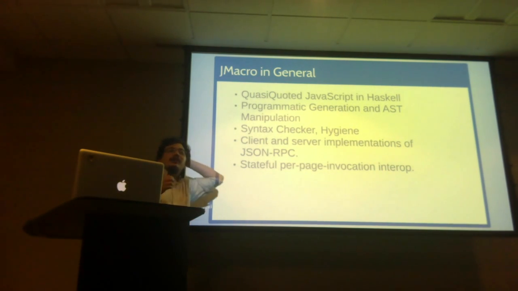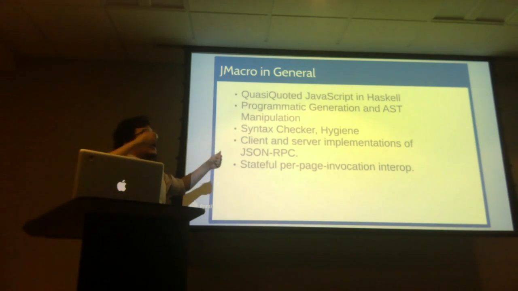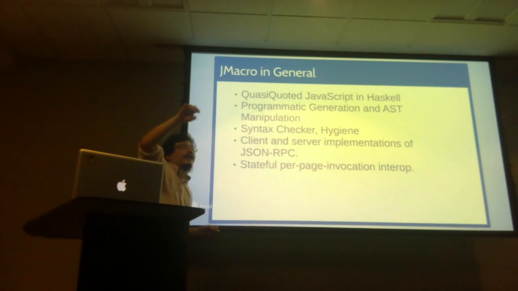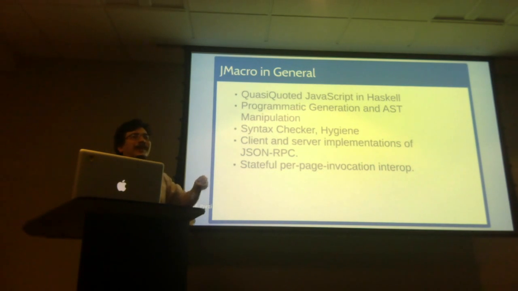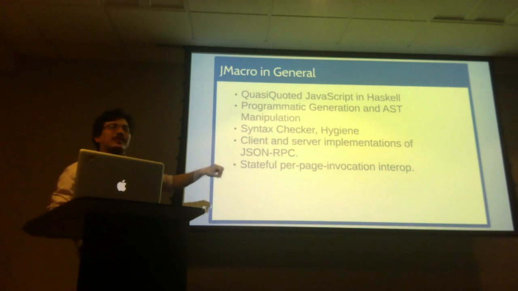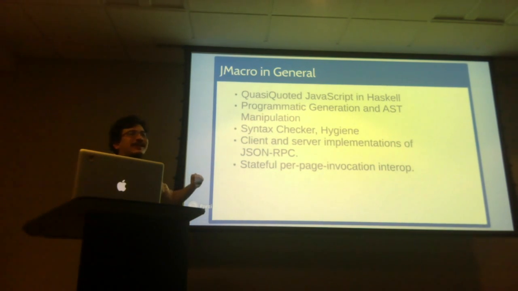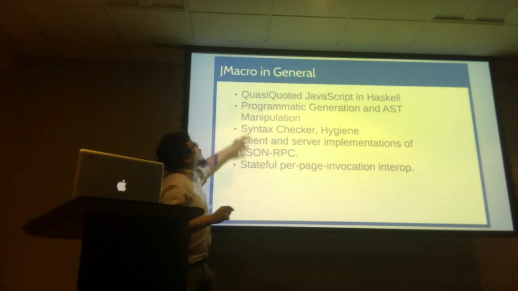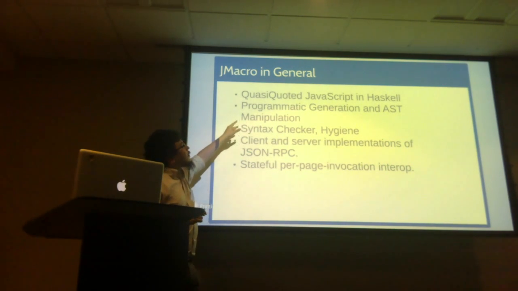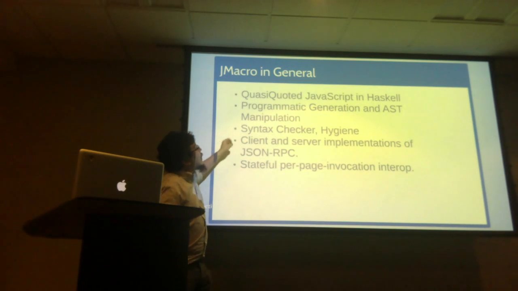So now you can write code that looks like OCaml in Haskell, but is actually JavaScript, and it's quasi-quoted, and there are anti-quotes. So inside this, I can inject other Haskell that generates JavaScript and expand those macros inside of it. I can anti-quote just like I would in Lisp. And that's pretty fun.